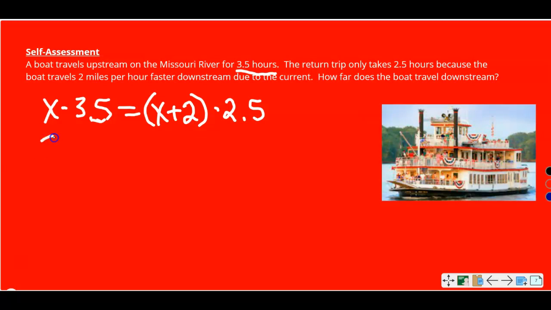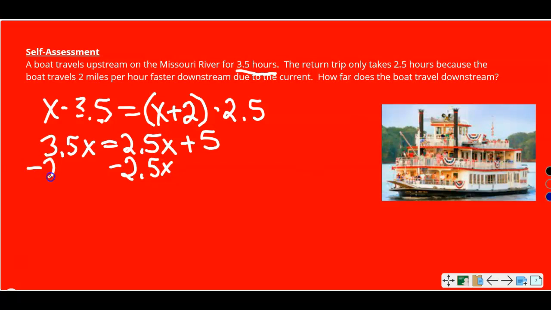We have 3.5x equals 2.5 times x plus 2, using the distributive property, 2.5x plus 5. Again, we have a variable on both sides, so to solve, we subtract 2.5x from both sides. 3.5 minus 2.5 is just 1x, so x equals 5.